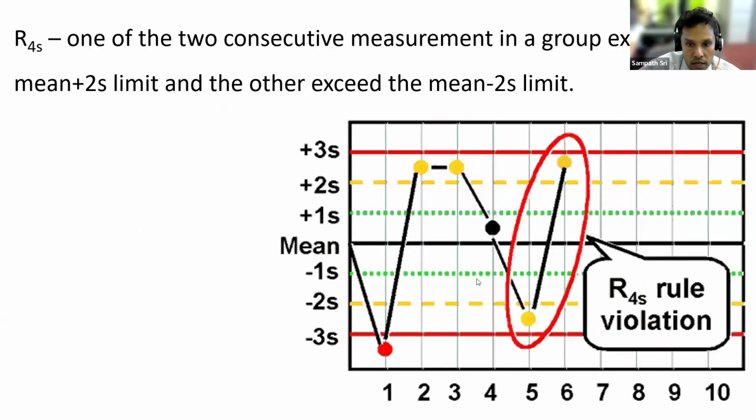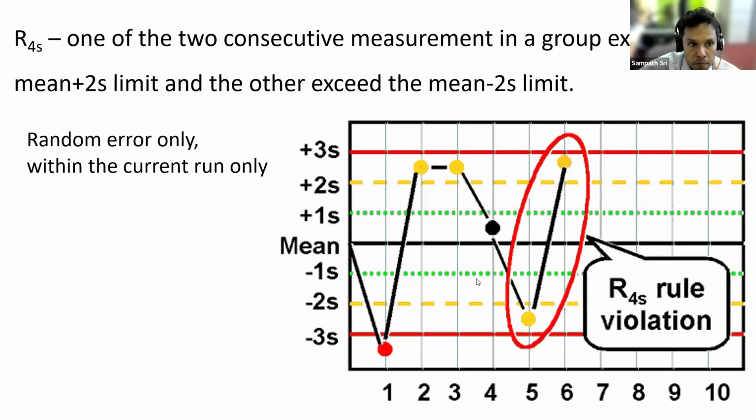The next rule is the R4S rule. That means 2 of our results have a difference of 4SD. That means one result is beyond plus 2SD, while the other one is beyond minus 2SD.